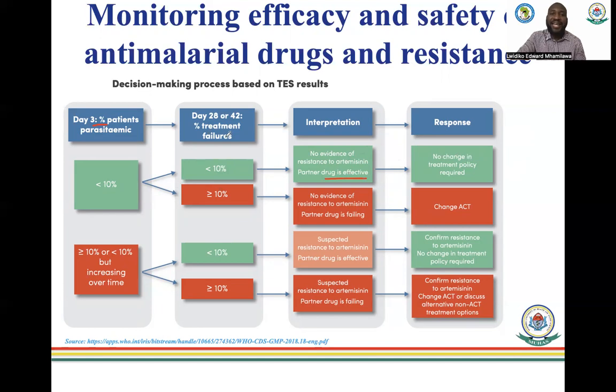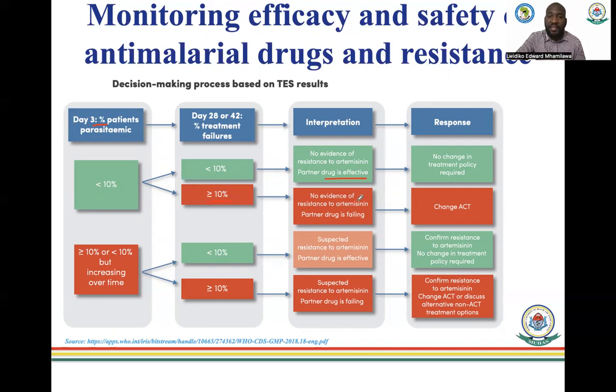But if by day 28 or day 42, more than 10% of your patients are parasitemic, it means these patients came back with recurrent parasitemia, and it is usually corrected with PCR to make sure that this is either recrudescence or new infection.